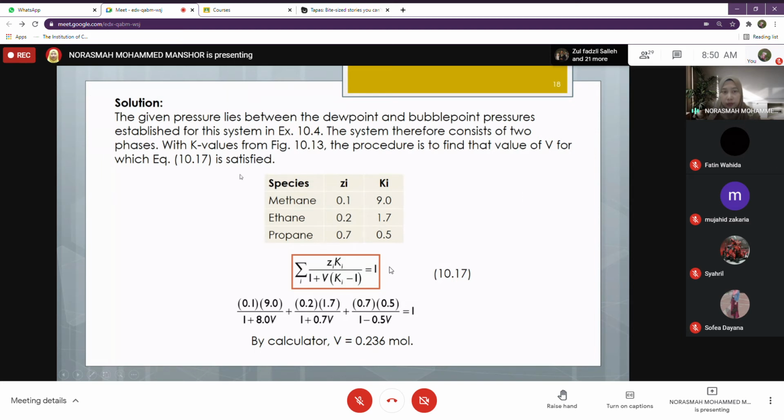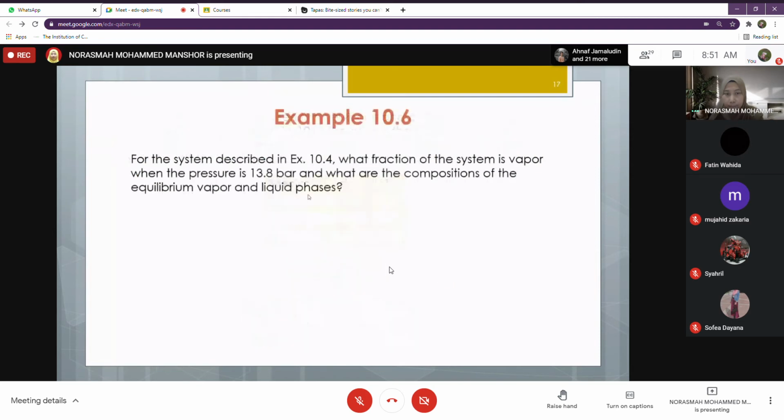So the K values you obtain from figure 10.13 also. At pressure 13.8 bar and what temperature? Look at what temperature. In 10.4 it is 10 degrees, madam.